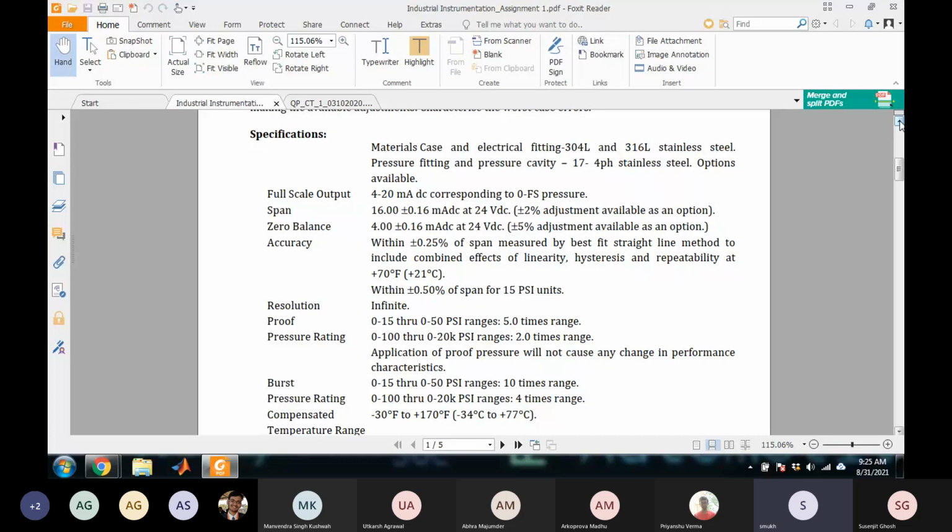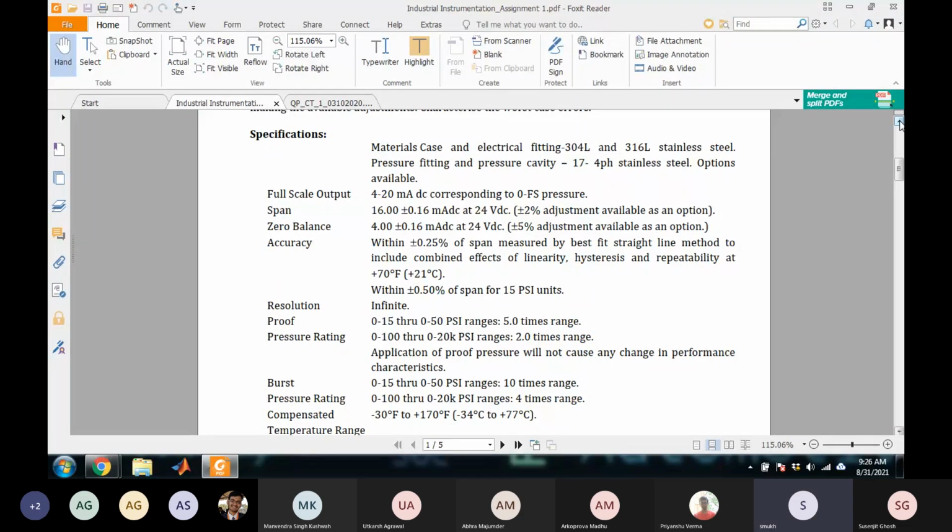So 0 to full scale. What is the full scale value? It depends on the product range. In any case, whatever the full scale value is, whether it's 15 psi or 50 psi or 100 psi, the output is always going to be 4 to 20 milliampere at 24 volt DC.